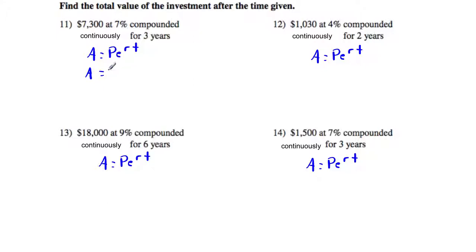So A is equal to 7,300 e to the 0.07 times 3. So the only thing we drop is that compounding, that n value. So 7,300 e to the 0.07 times 3, that's going to give us an account balance of $9,005.85.